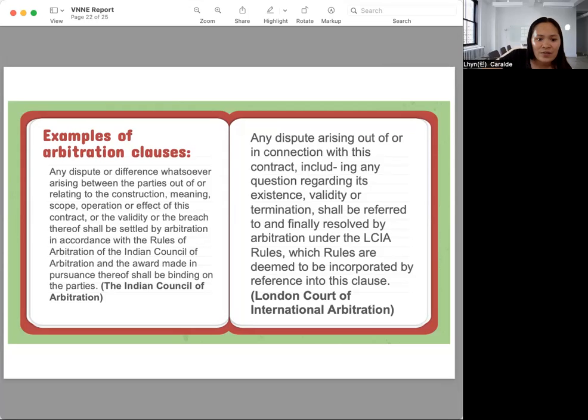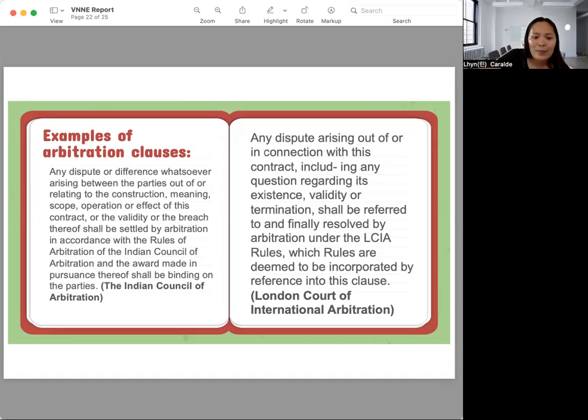Any dispute or difference whatsoever arising between the parties out of or relating to the construction, meaning, scope, operation, or effect of this contract, or the validity or the breach thereof, shall be settled by arbitration in accordance with the rules of arbitration of the Indian Council of Arbitration, and the award made in pursuance thereof shall be binding on the parties.